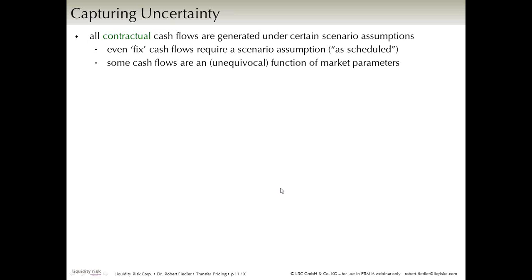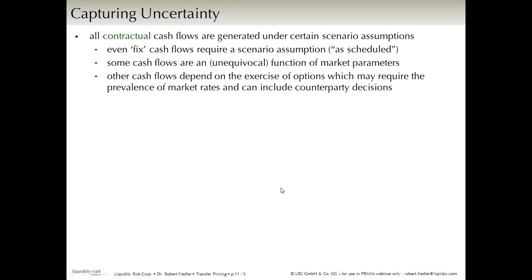Some other cash flows are market dependent, and other cash flows depend on the exercise of options, which might require the prevalence of market rates, and they can include counterparty decisions, which can be quite complicated.